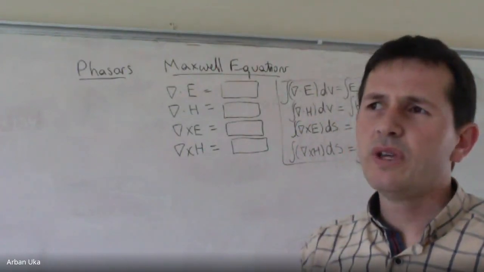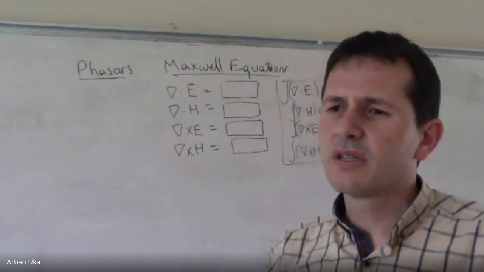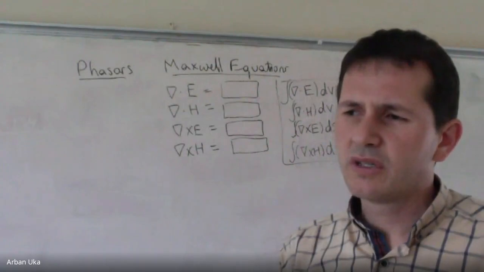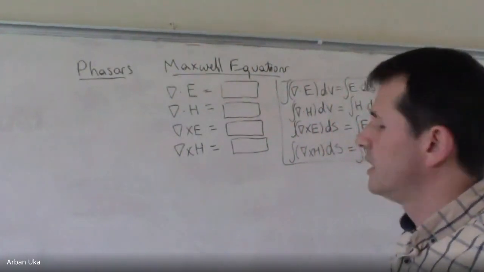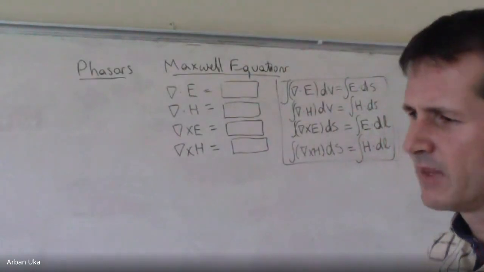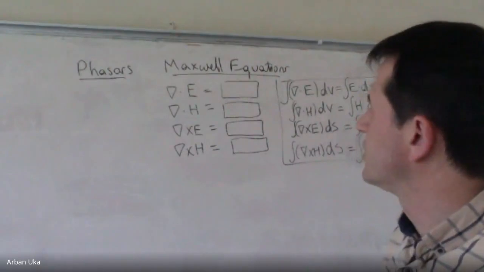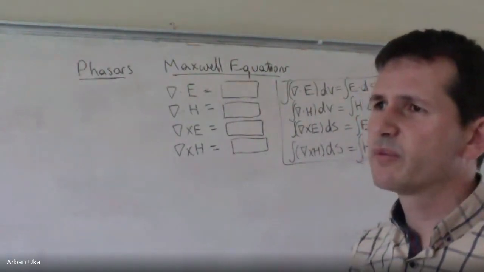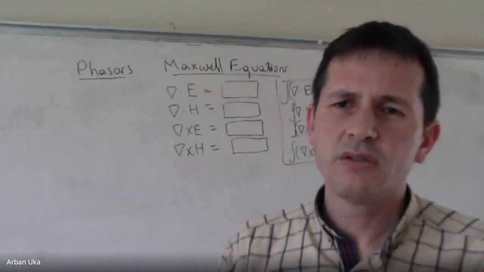We include the phase information into the phasor, and since time moves in the same way for the electric field and the magnetic field, and we are sure about that, we are sure that time flows equivalently for these two fields, so we can cancel it out.